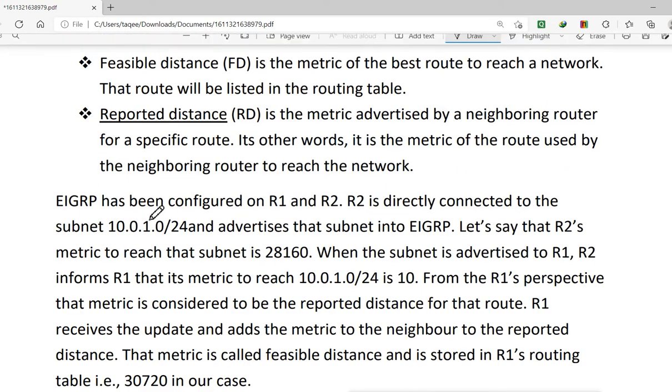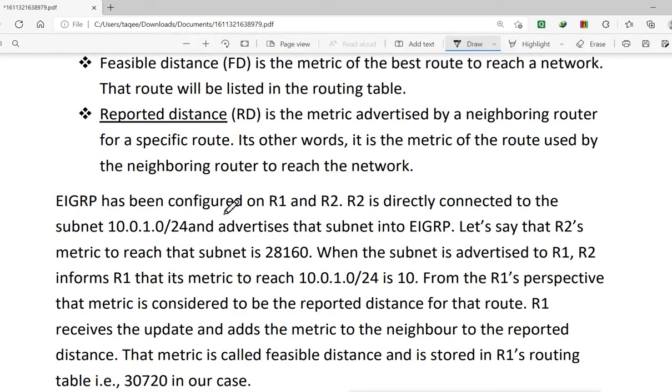For example, here EIGRP has been configured on router 1 and router 2. Router 2 is directly connected to network 10 and advertises that subnet into EIGRP, and let's say router 2's metric to reach this subnet is this. When the subnet is advertised to router 1, router 2 informs router 1 that its metric to reach this network is 10. From router 1's perspective, that metric is considered the reported distance for that route.